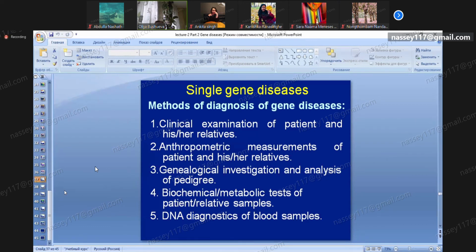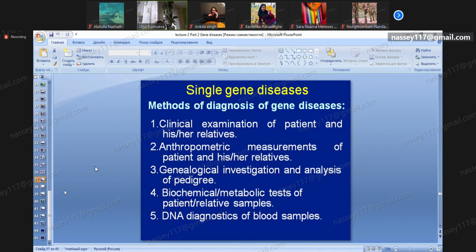Also, genealogical investigation and analysis of pedigree. Next one, biochemical or metabolic tests of patients or relative samples may be used. And the main method is DNA diagnostics of blood samples.